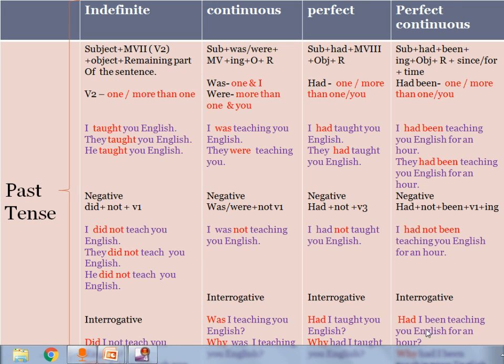In interrogative we use had, the helping verb, before subject I, and time is also given, first form of the verb is also here, so the sentence is past perfect continuous.